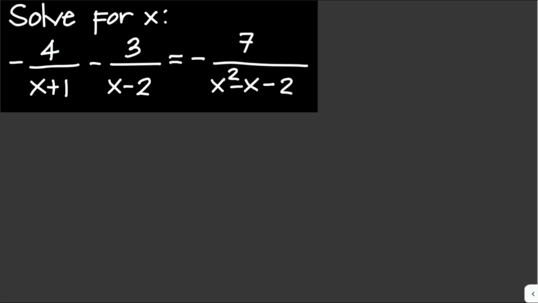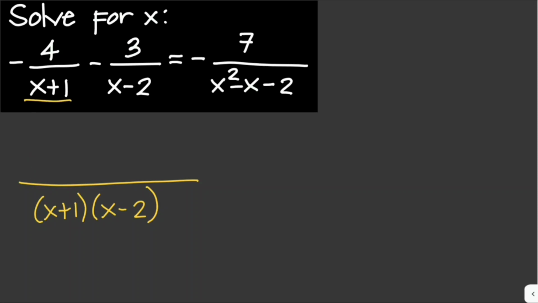So let's work on the left first. So our LCD here would be x plus 1 times x minus 2. So x plus 1 times x minus 2 divided by x plus 1, we have x minus 2 times the numerator, which is negative 4.